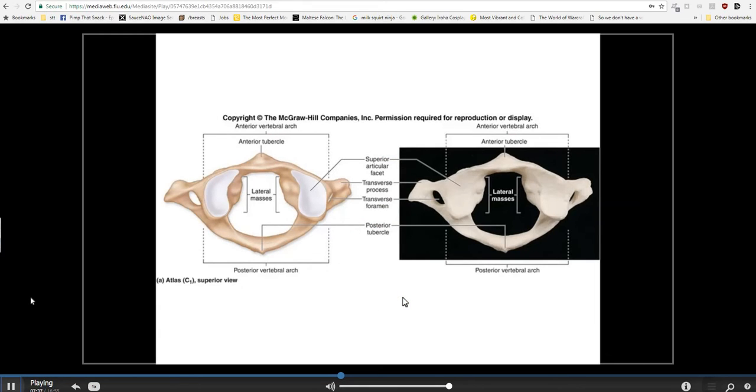So here's your atlas. This is the part that articulates with the occipital condyles of the skull. It allows you to say yes, and it carries the skull.